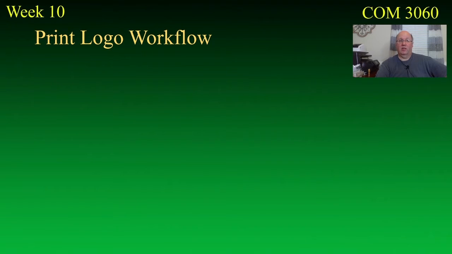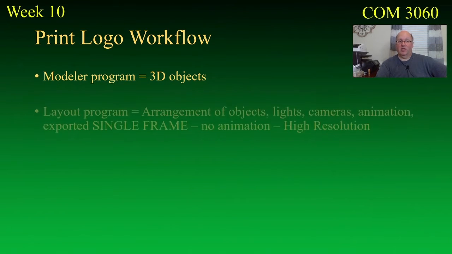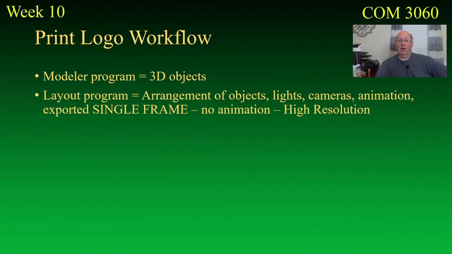Okay, now the print logo workflow. We basically start out in Modeler once again. We're making the 3D objects that are necessary. We go into the layout program and we arrange the objects, lights, cameras, and not animation in this case. And we export a single frame, no animation, at high resolution.